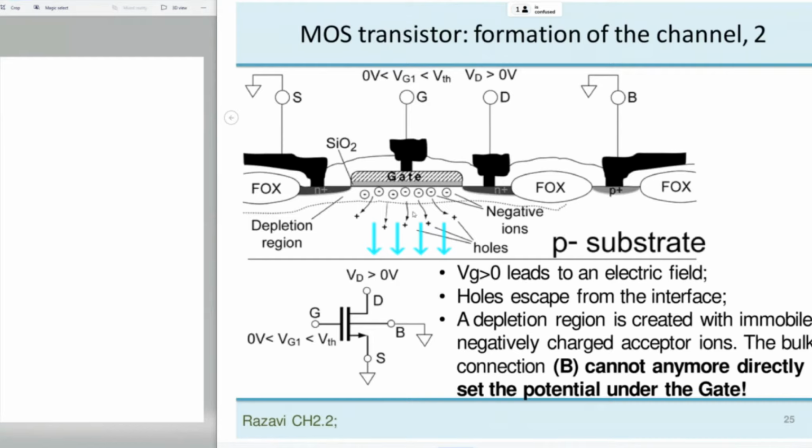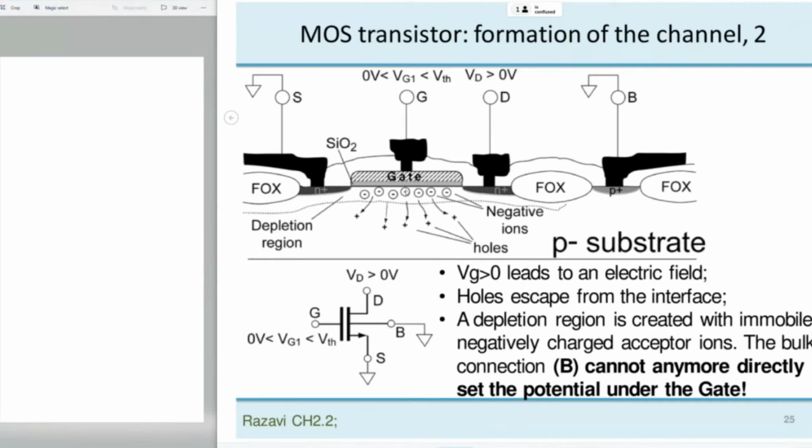Now, this electric field will exert force on the mobile carriers in the P substrate, which are holes. So the holes will feel the force of the applied field, and they'll move away from the interface of the oxide. So we chase away the holes. The holes will leave behind the negatively charged ions of the acceptor atoms.